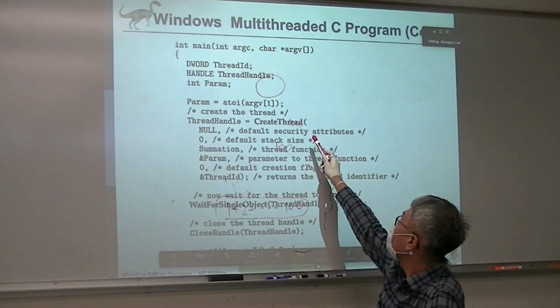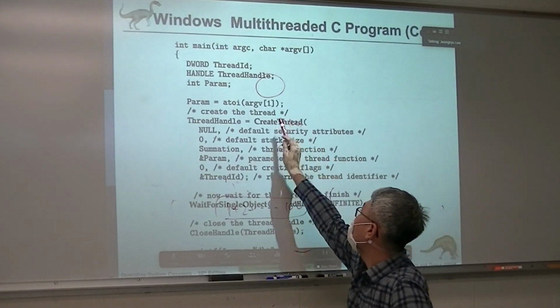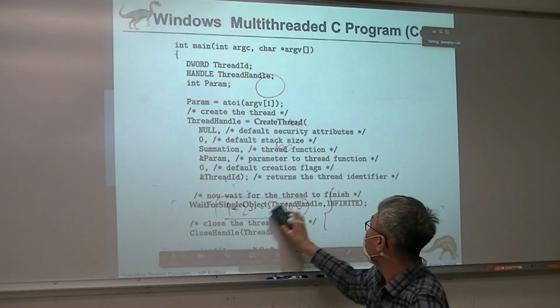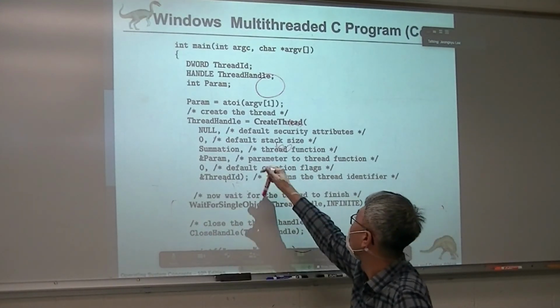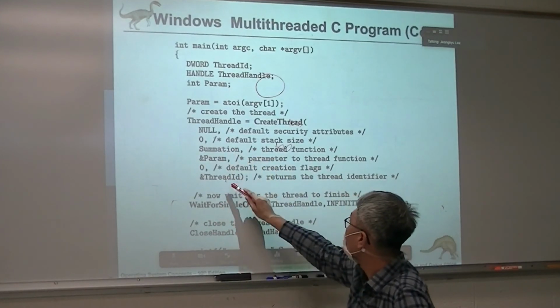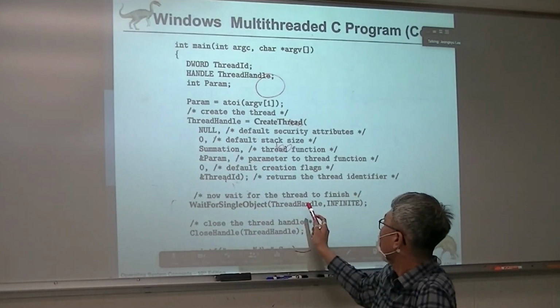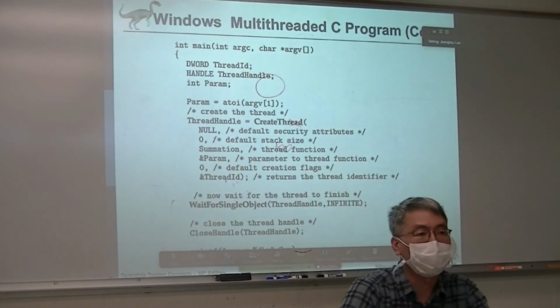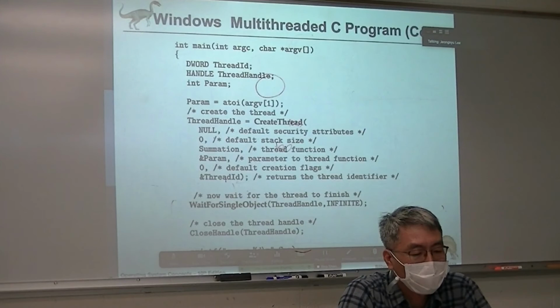Here the Win32 API provides a CreateThread function library. This one has similar arguments, like the summation function and the thread ID. Then here's CreateThread to create the thread.